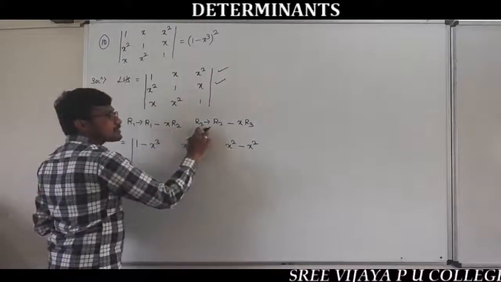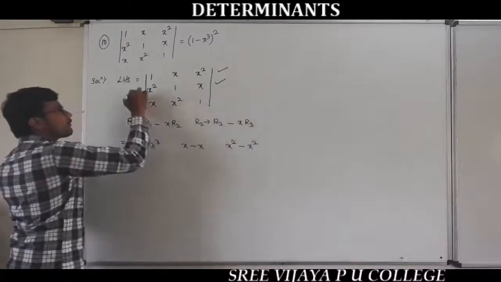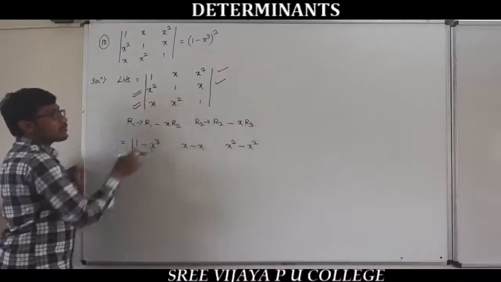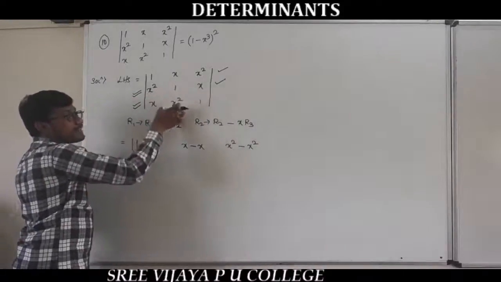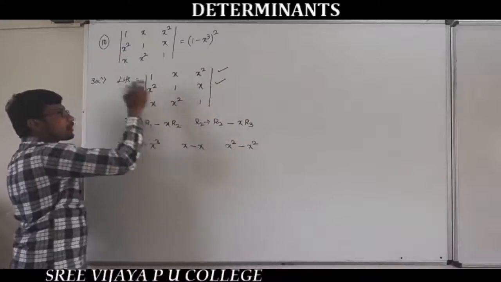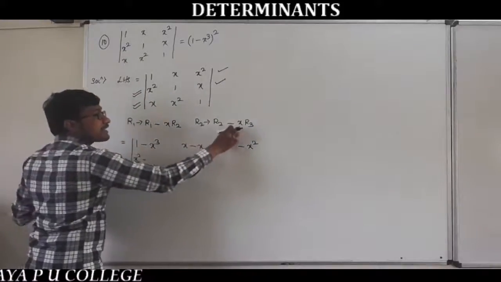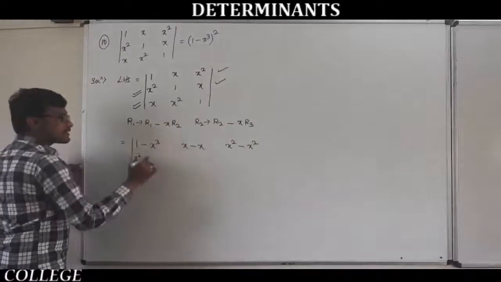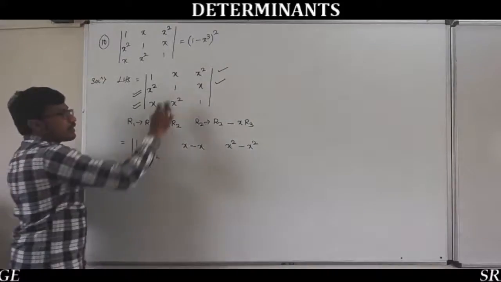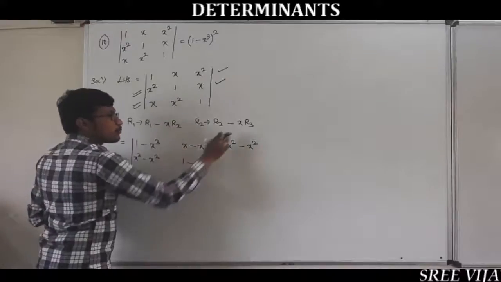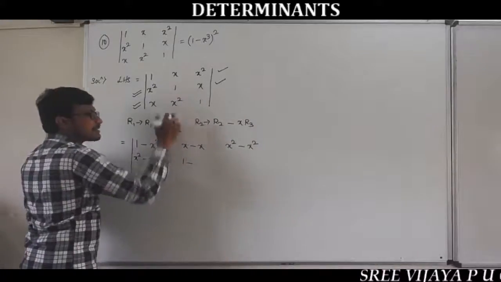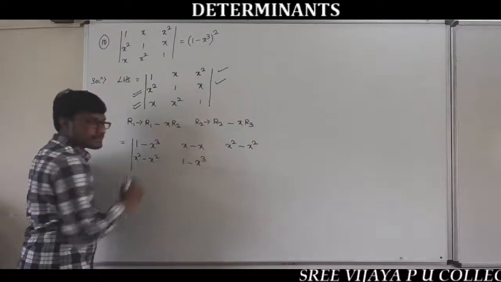Similarly R2 changes to R2 minus x R3. Now for this row, minus x times this row. So now it becomes x square, R2 minus x into R3. R3 is x, x into x is x square. Now R2 is 1 minus x times R3, R3 is x square, x into x square is x cube.